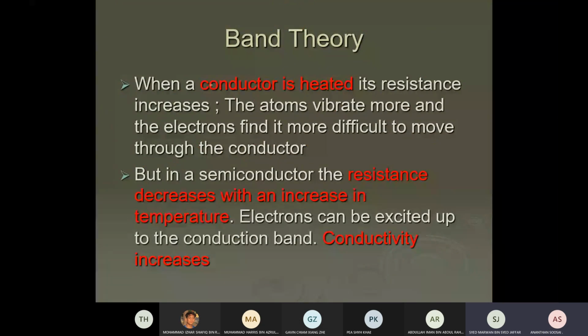But why in a conductor, when heated, does resistance increase? Because of this reason: when a conductor is heated, its resistance increases because the atoms vibrate more. The electrons find it more difficult to move through the conductor. Therefore, the drift velocity decreases.